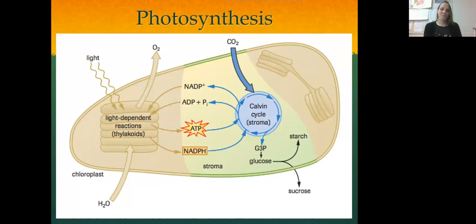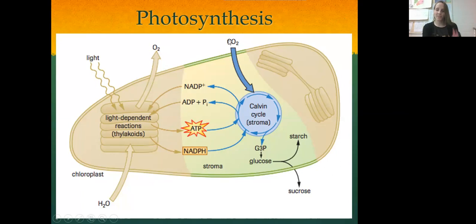Okay, so again, the light-dependent reactions take place in the thylakoid membranes. They require light. In those light-dependent reactions from the electron transport chain, we get our NADPH. From the chemiosmosis, we get the ATP. And both of those are going to go out to the stroma where the Calvin cycle occurs.